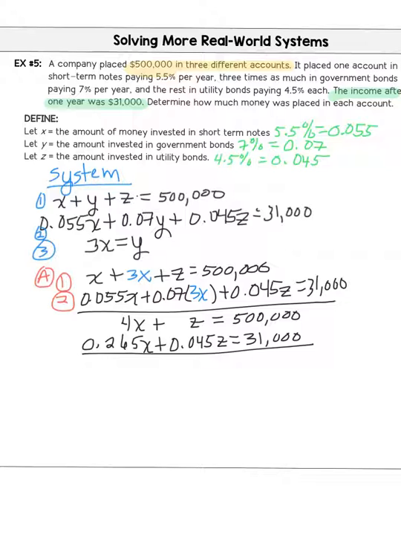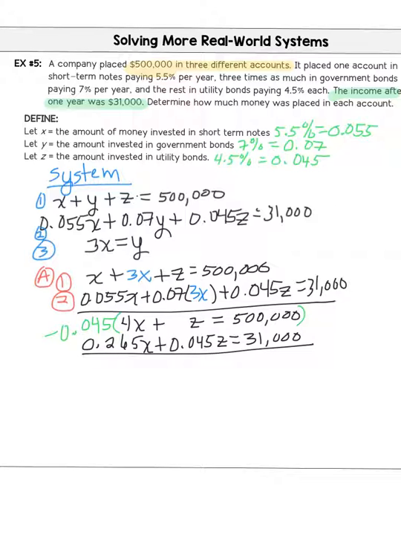All right, so we want to eliminate x's or z's. Since z has a coefficient of 1, right here it would be much easier if I multiplied this entire equation by negative 0.045. It's just the easiest way to figure out what to do. So negative 0.045, thank goodness for calculators.